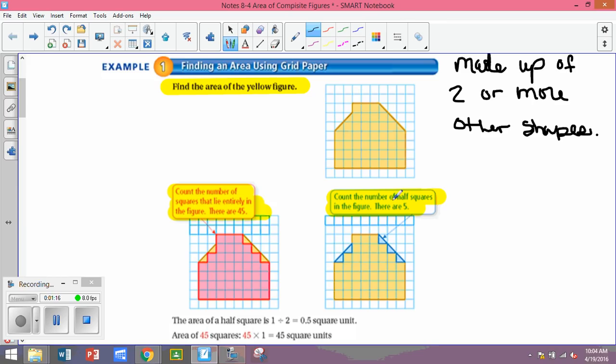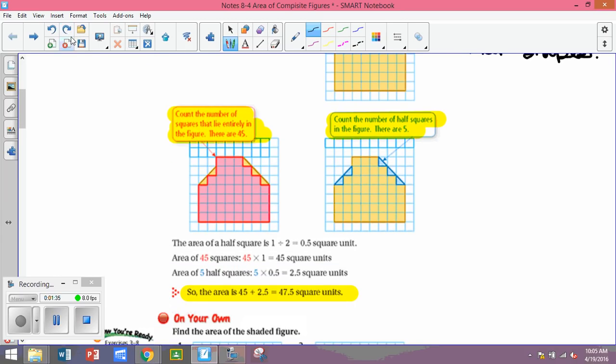Then you count the number of half squares in that figure, and there are 5 of those. If you match up every half square as 1, that's 1, that's 1, so it's 2.5. So you take your 45 and add that to your 2.5, which gives you 47.5 square units. That's how you do these types of problems.